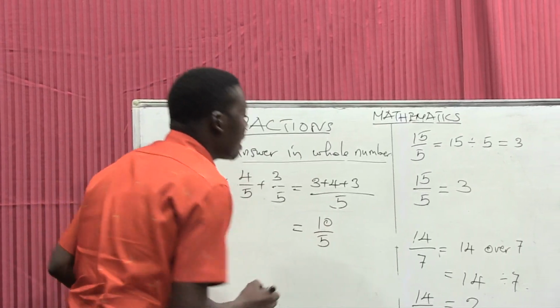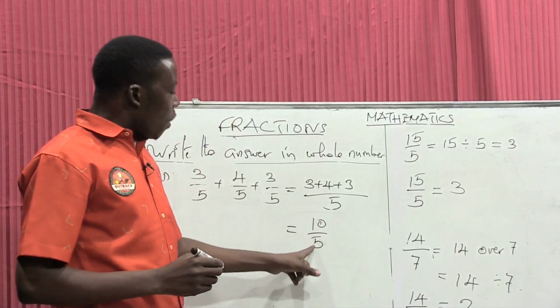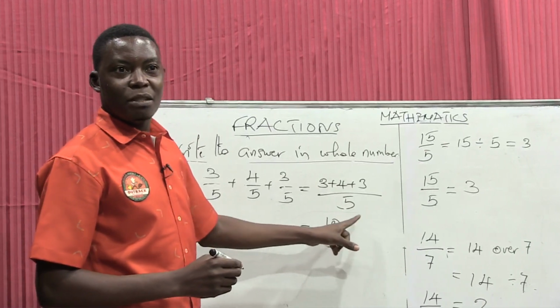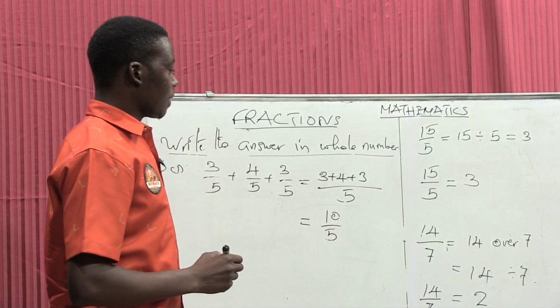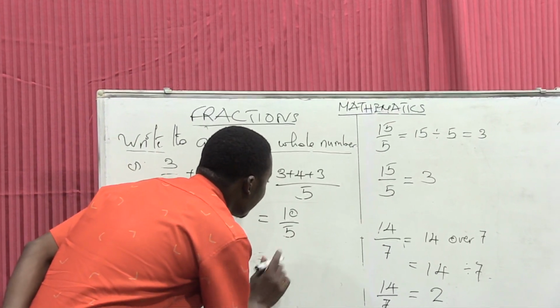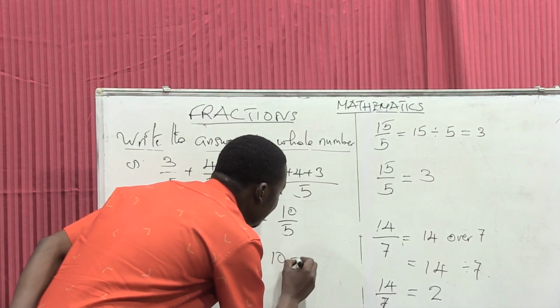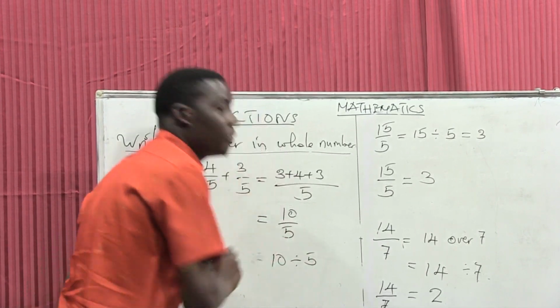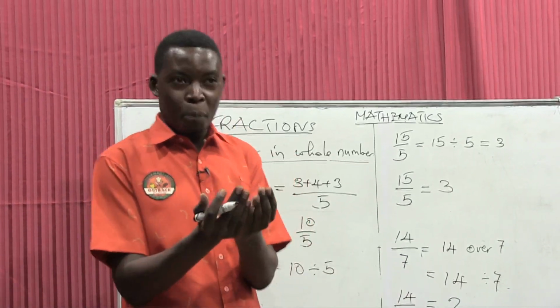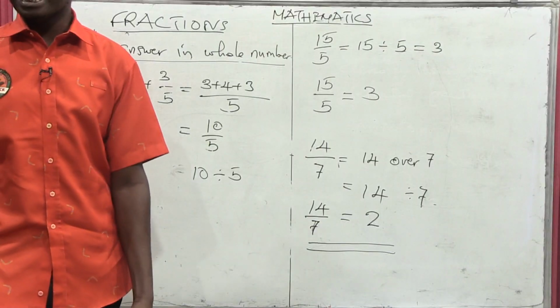This now, as we said, that 10 over 5 means 10 divided by 5. Now you have 10 things, then you divide it into 5 groups. Each group will contain how many things?